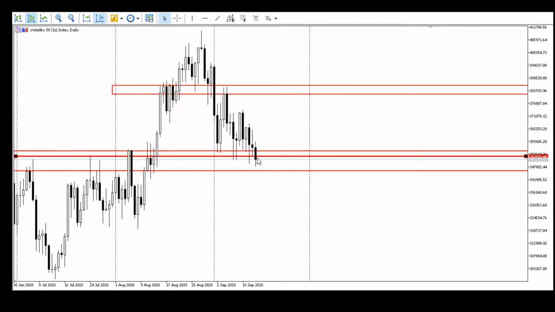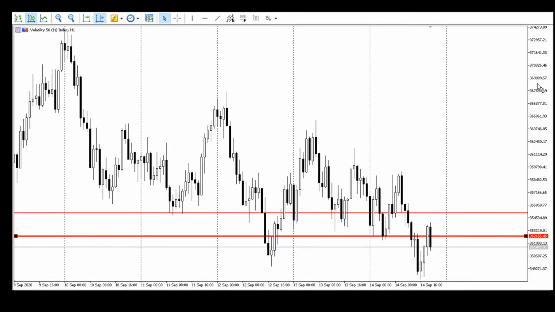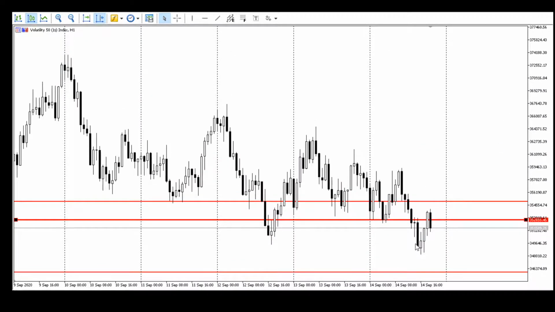remember that candle for daily time frame is not yet closing. This candle is not yet closing, so maybe until it is closing, maybe it is closing above this level. So if they are closing above that level, it means they will create for us a pattern here. Maybe they will break, then they come back to retest, then they will create for us a reversal pattern.